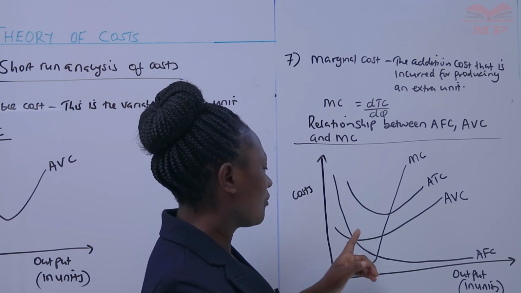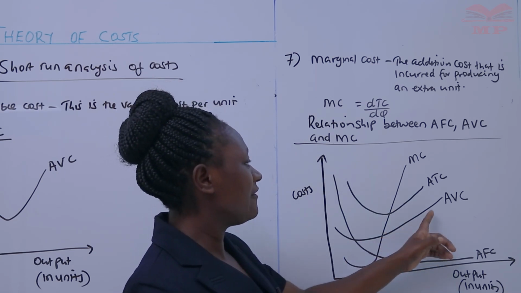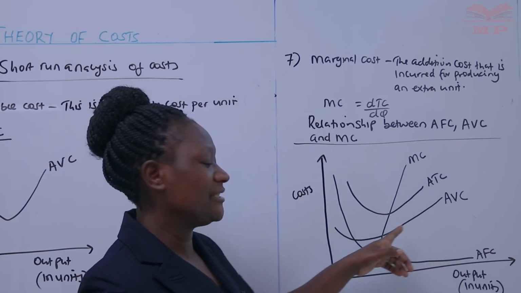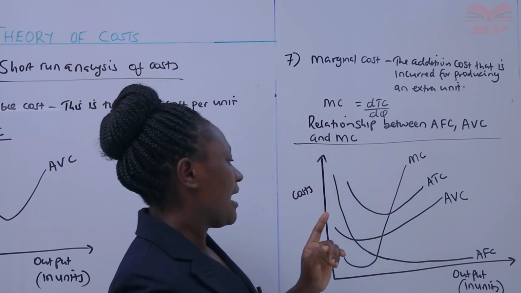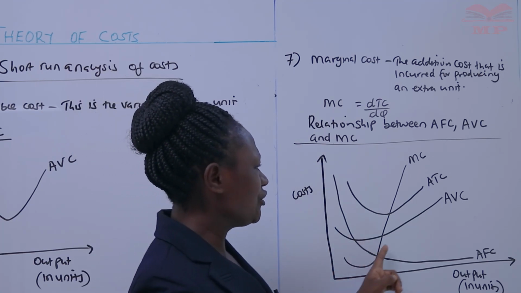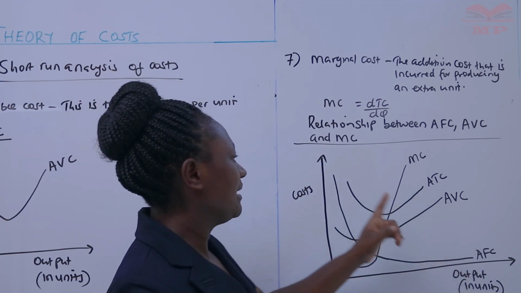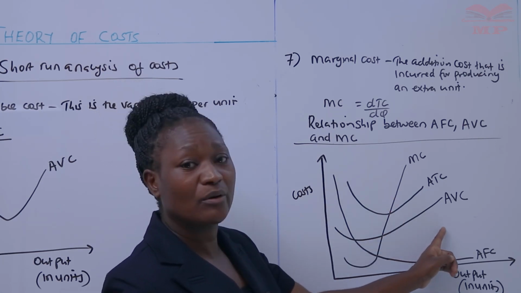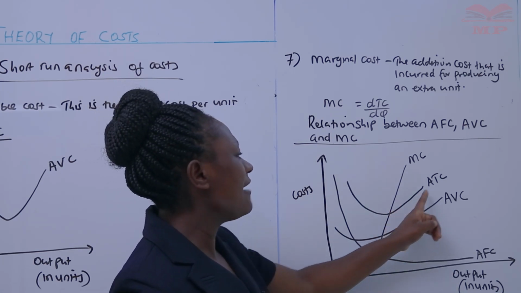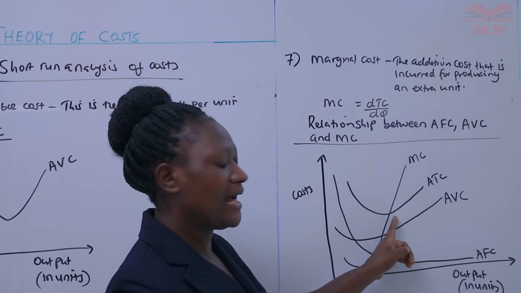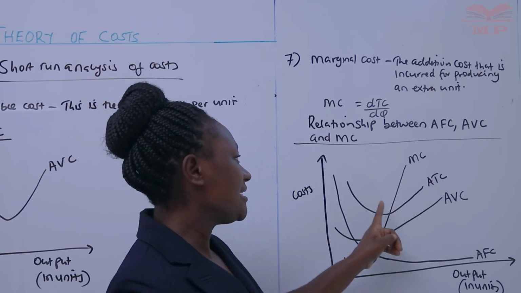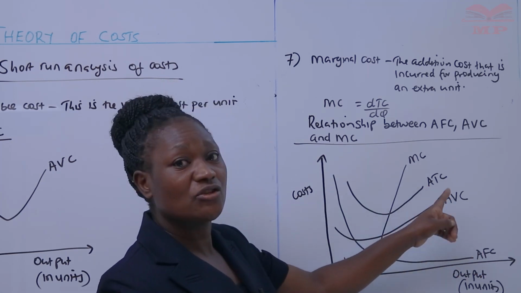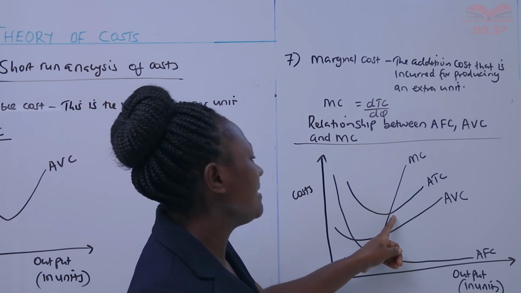And at the intersection of marginal cost and the average variable cost, the average total cost must be at its minimum.